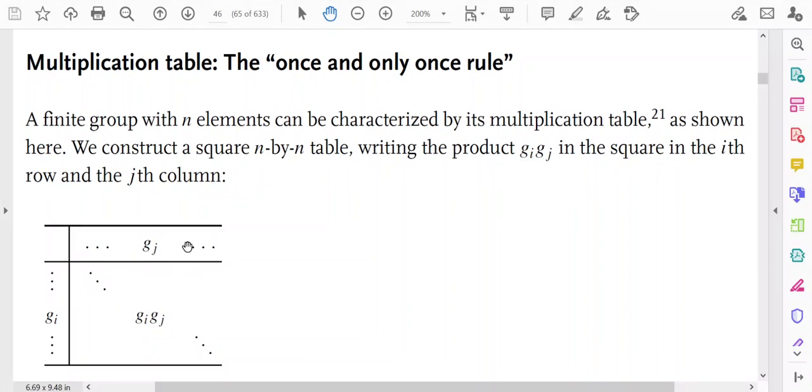In this way you can construct an n by n table. So suppose one of the elements in the column is Gi and one of the elements in the header is Gj. So we can write the product in this particular position as GiGj. So the GiGj product has been obtained by the multiplication of this Gi and this Gj.